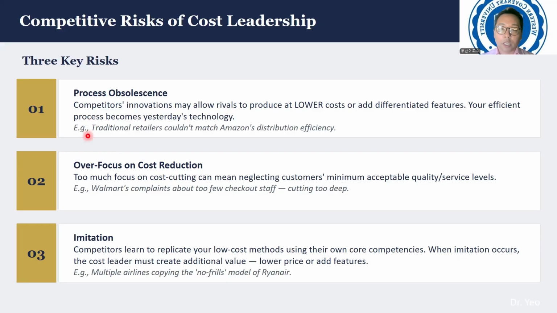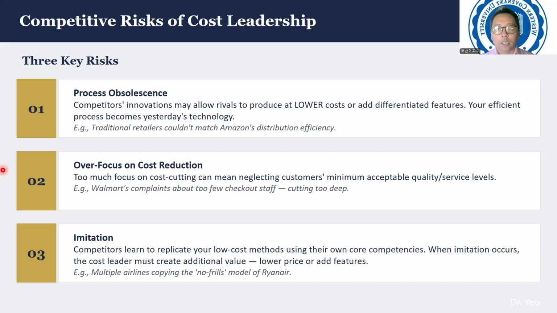And another example can be a robotic factory. If a factory is utilizing more than 80% robots in the manufacturing system, then human-based factories cannot compare. Risk number two is over-focus on cost reduction.